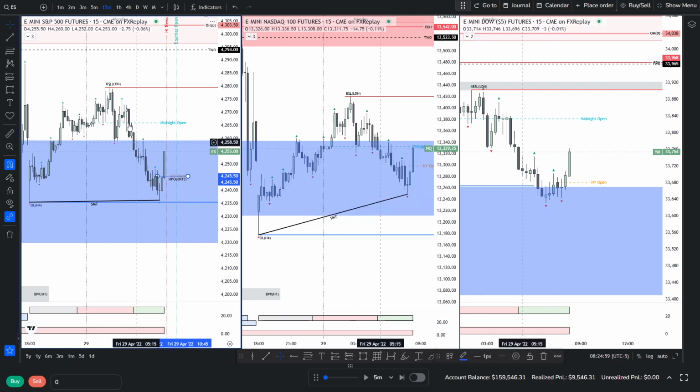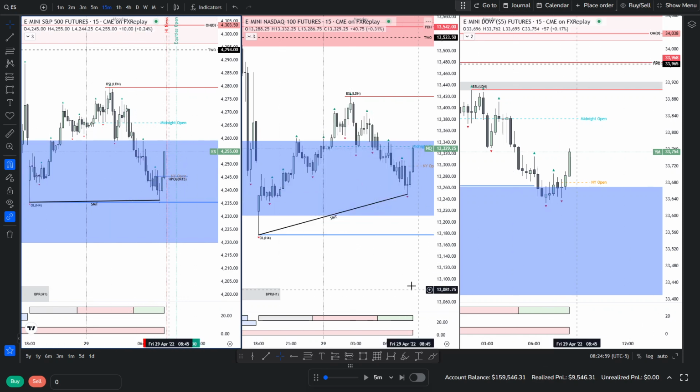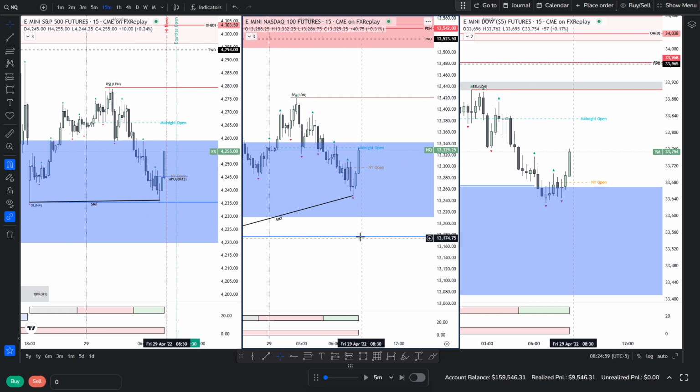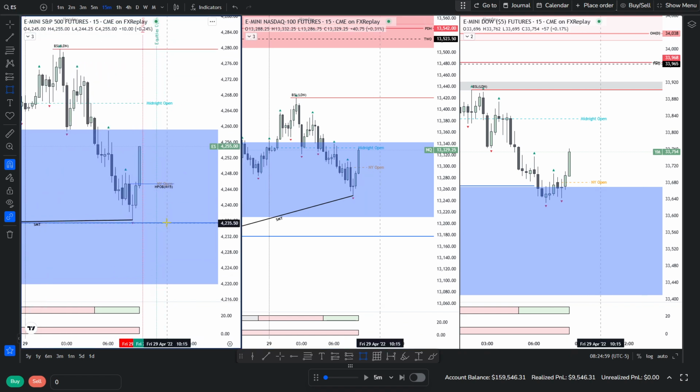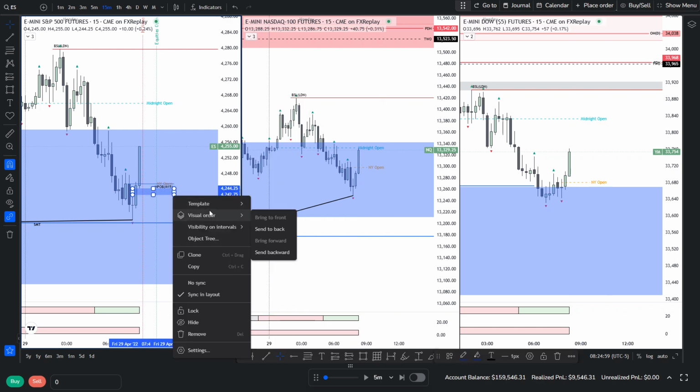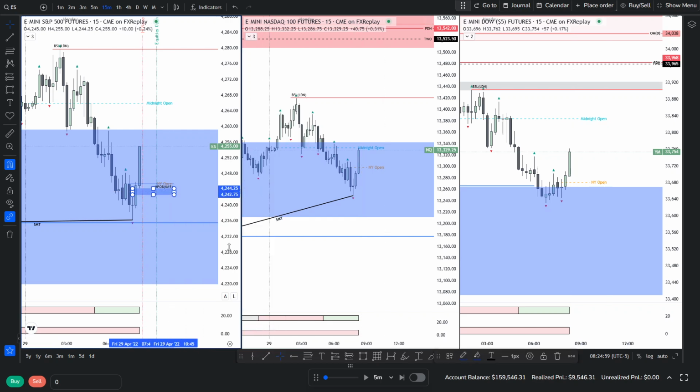M15. If we go to NQ, potential. Just sorry if we just come back to ES. Potential balance there.